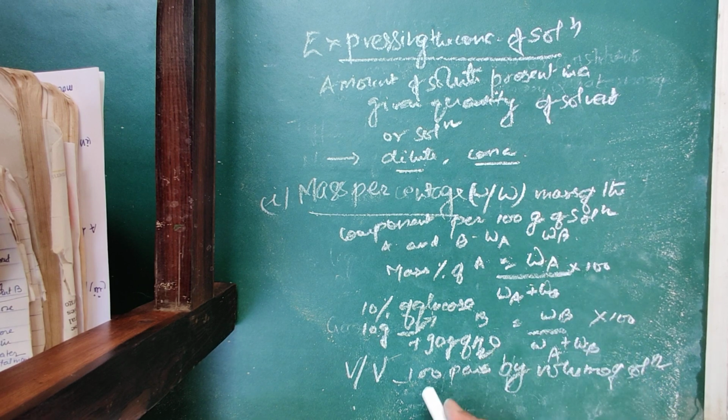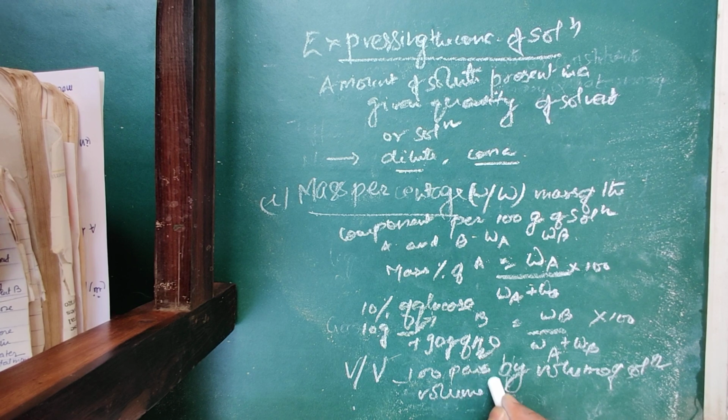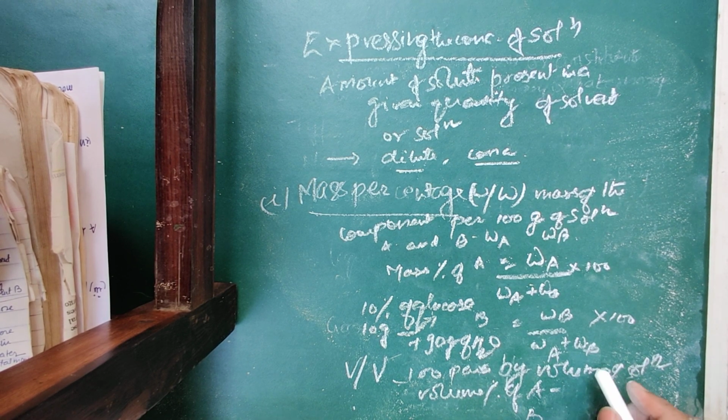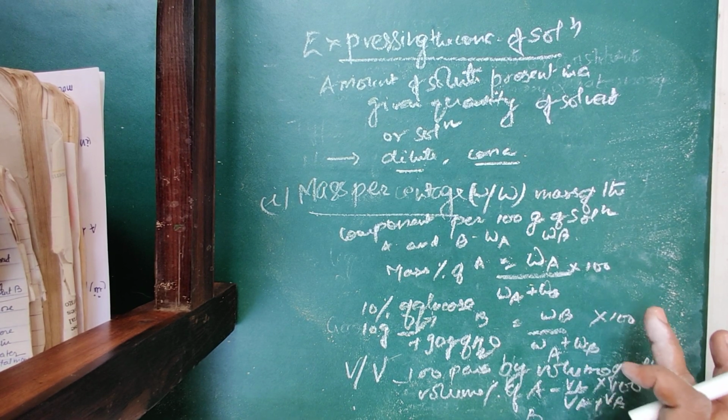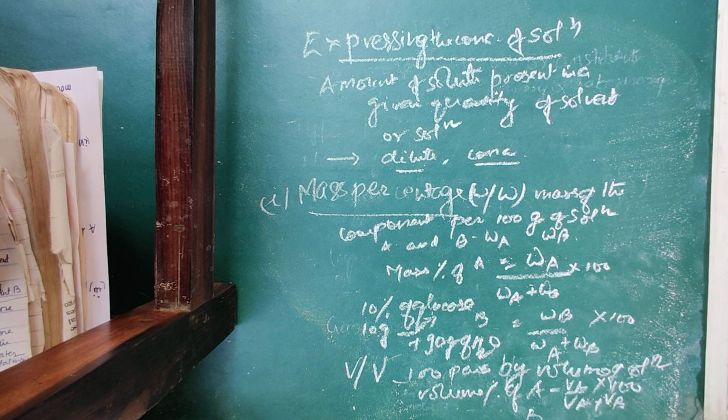Same way we can find out the volume percentage of A and B. A will be VA upon VA plus VB into 100. Similarly, we can find out B, VB upon VA plus VB.